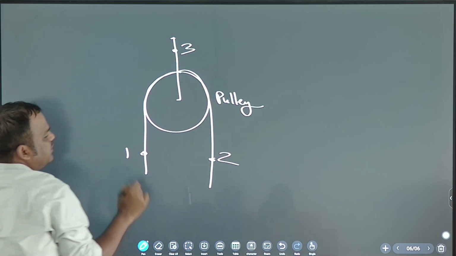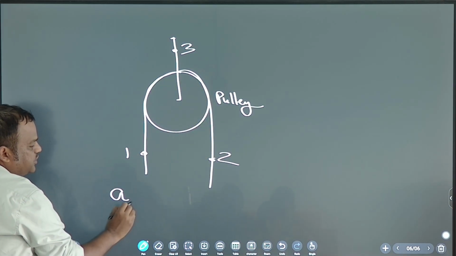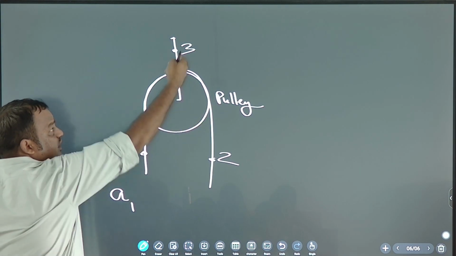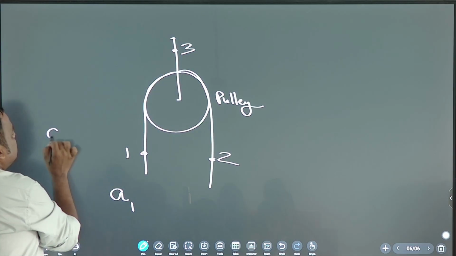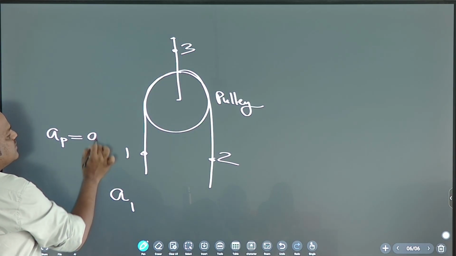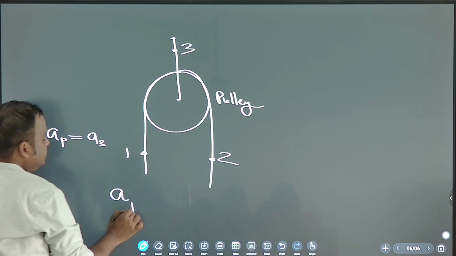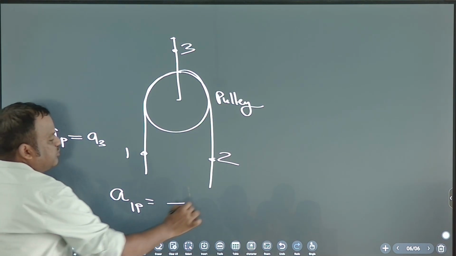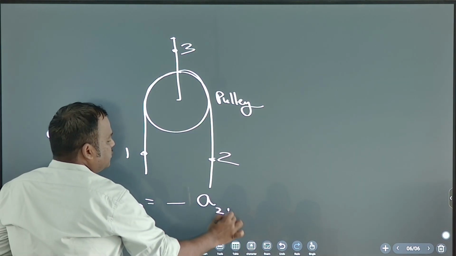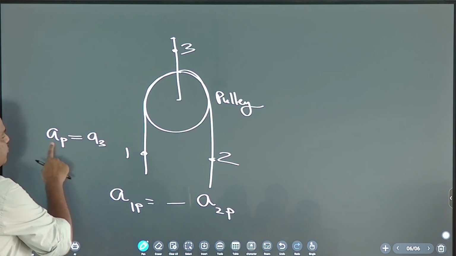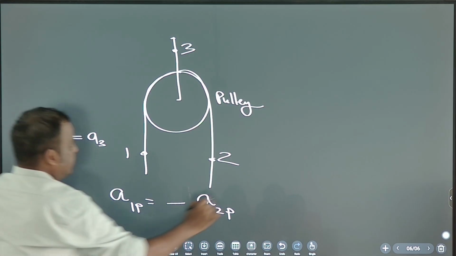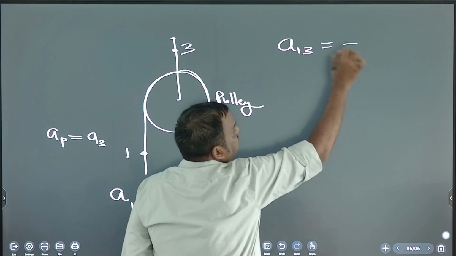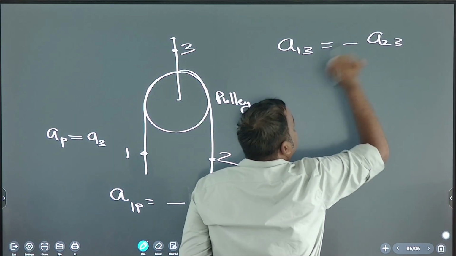Clear? So I will write the acceleration of 1 with respect to the pulley, and the pulley and 3 are the same. Acceleration of the pulley is the same as acceleration of 3. So acceleration of 1 with respect to the pulley is minus the acceleration of 2 with respect to the pulley. So we can say acceleration of 1 with respect to 3 is equal to minus the acceleration of 2 with respect to 3.